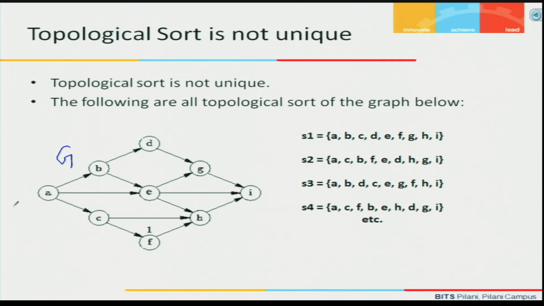As we see here, if I look at the structure A, B, and then I can write C, because B has prerequisite A and C also has prerequisite A. So, after A one could have either B or C. Topological sorting of a graph is not unique. In fact, here we have written down 4 different ways of topologically sorting the graph. You could have more ways.